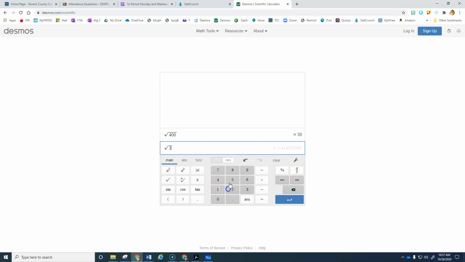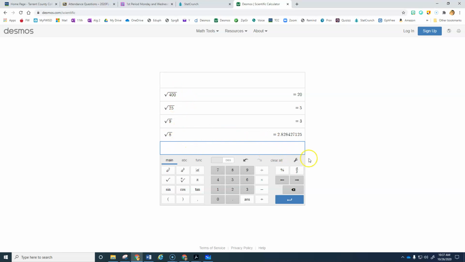Square root of 25. You see how it gave me a number without a decimal? Square root of 9. See how it gave me an answer that doesn't have a decimal? Square root of 8. 8 is not a perfect square. Why? I got all of these decimals. So you can check numbers to see if they're perfect squares.